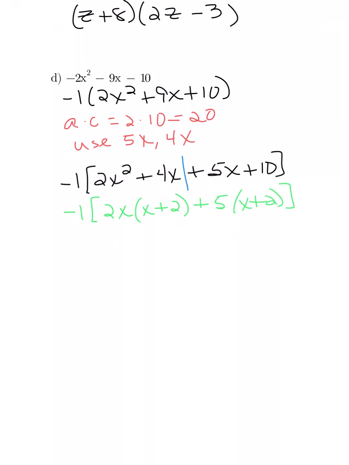Do we have matching quantities? Yes. Again, keep that negative 1 on the front and now work on the inside of the brackets. Take that matching quantity of x plus 2 out front. What's left from the first term is the 2x. What's left from the second term is the plus 5.